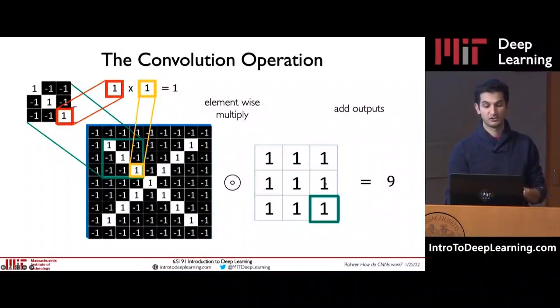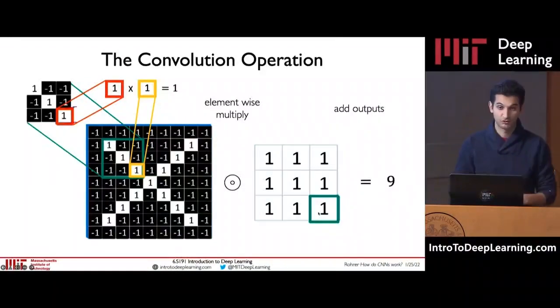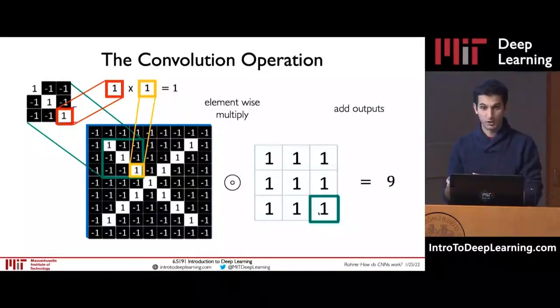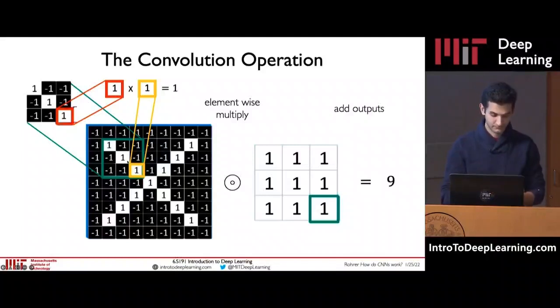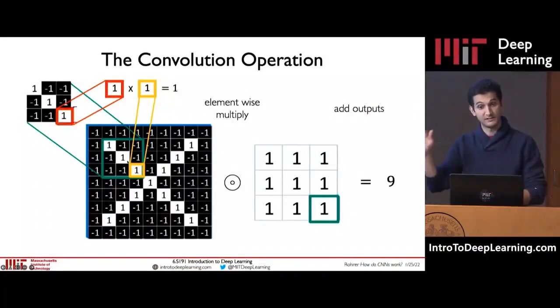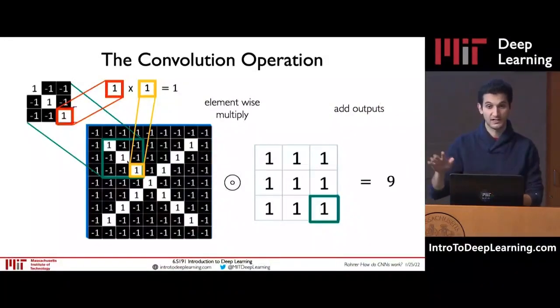We can do this for every single pixel in our filter, and we see that all of the resulting element-wise multiplications are 1. We add up all of those results and get 9 in this case, and that's going to be the output of the convolution at this location in our next image. Next time we slide it, we'll have a different set of numbers that we multiply with, and we'll have a different output as well.